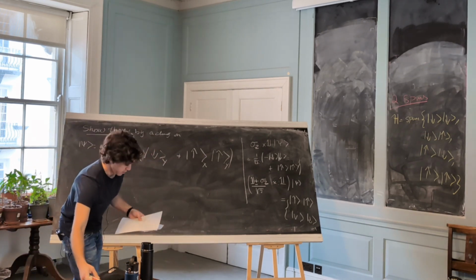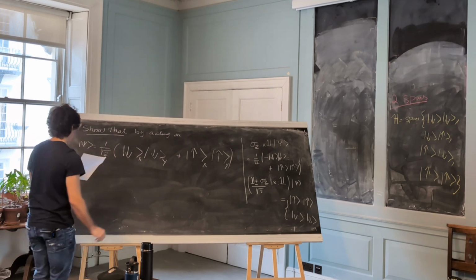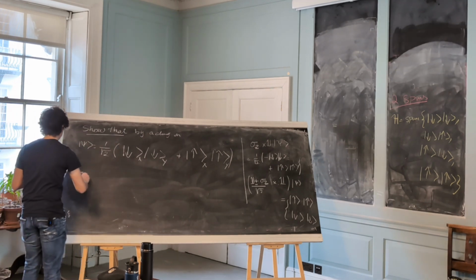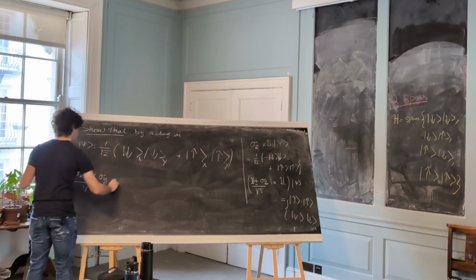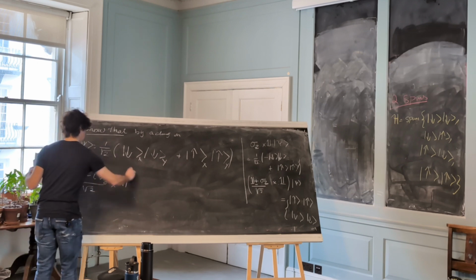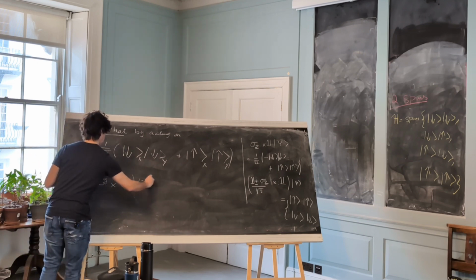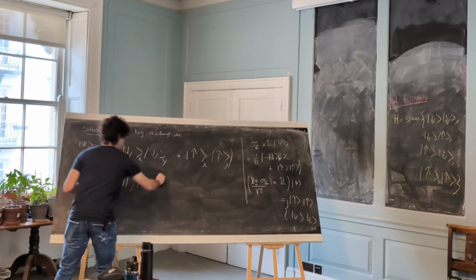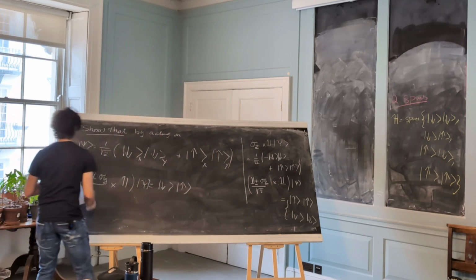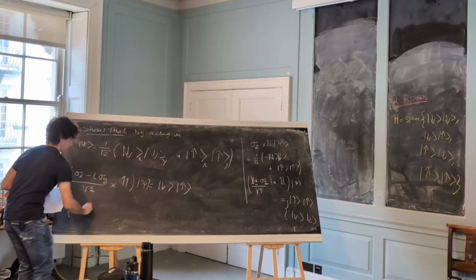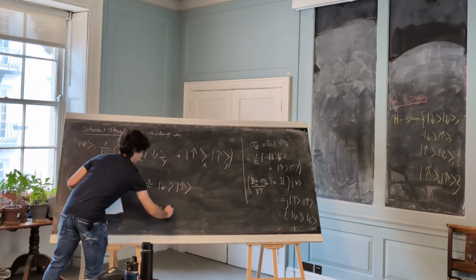So sigma x minus i sigma y over root 2 tensor 1 acting on psi is down, up, and plus is up, down.